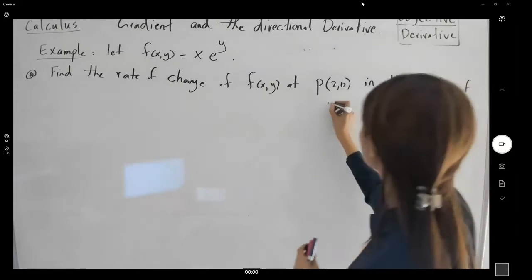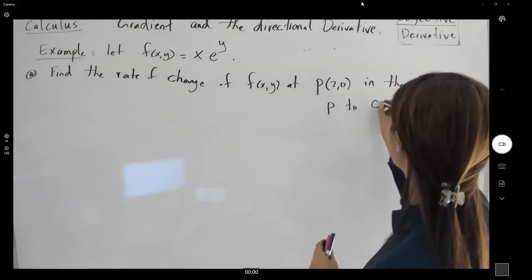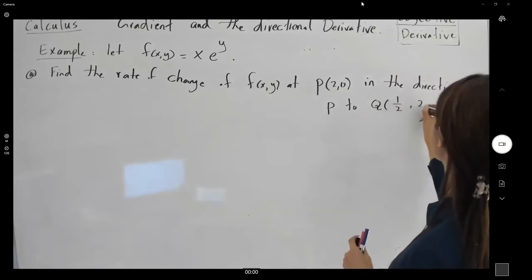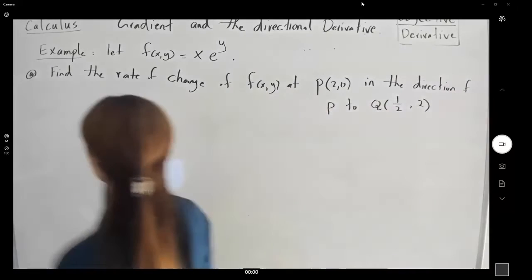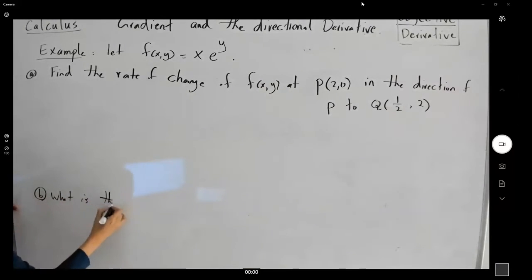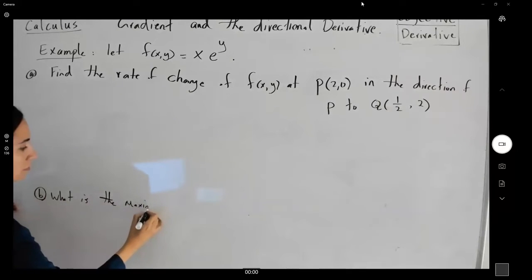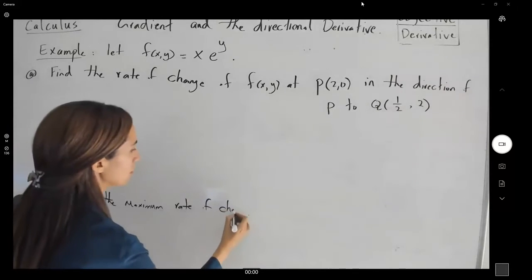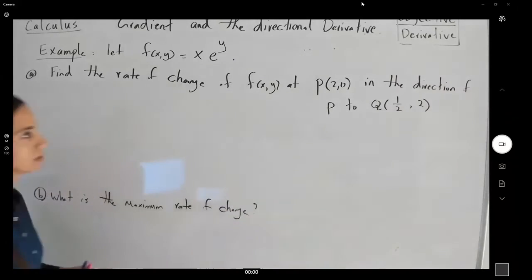Direction of P to point Q, which is (1/2, 2). Then B, it says, what is the maximum rate of change? So we're going to answer 2 questions.